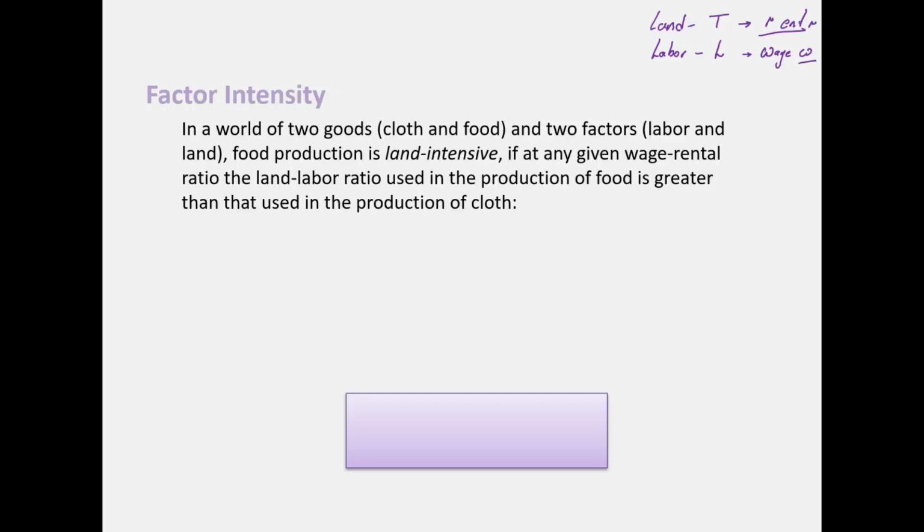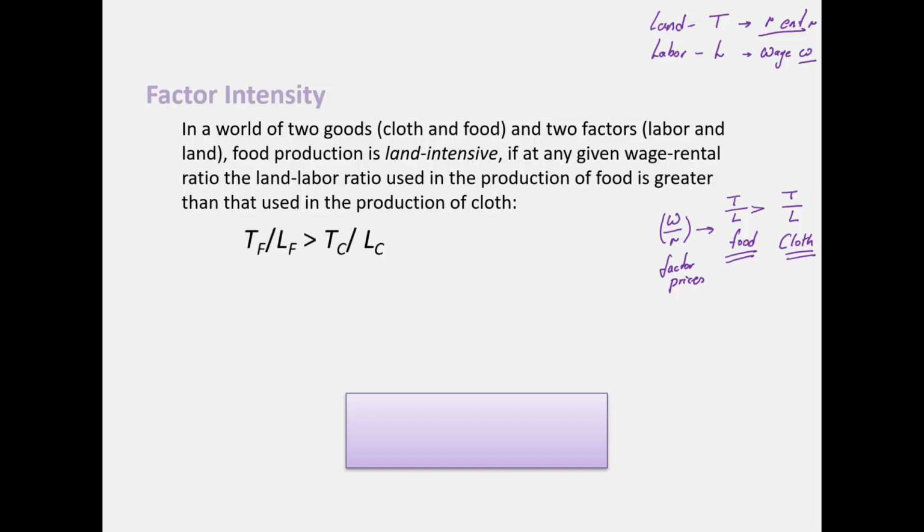Suppose the two factors of production that we are looking at are land and labor, price of labor, wage W, and the price of land, rental rate R. So for any given factor prices, in this case the wage by rental ratio, if food uses relatively more land than cloth, then food is said to be land intensive.